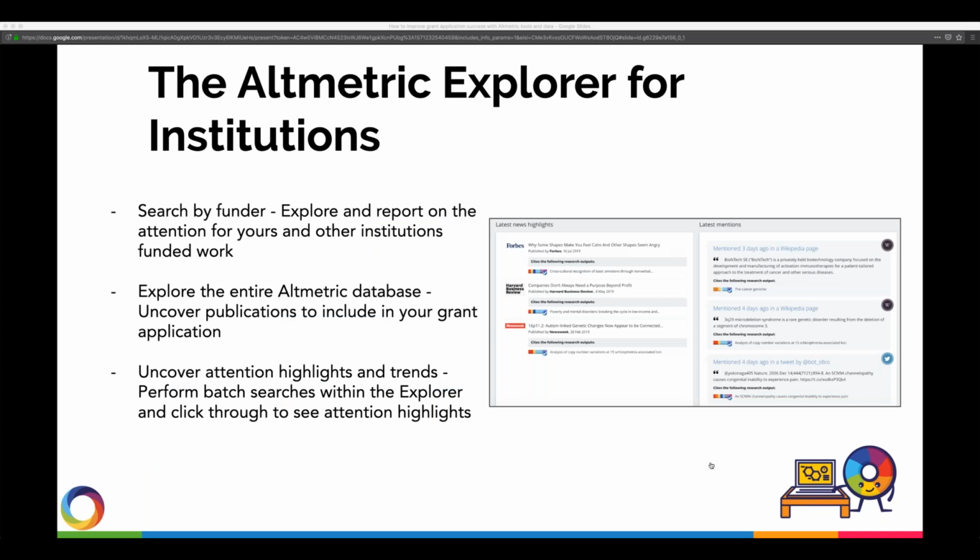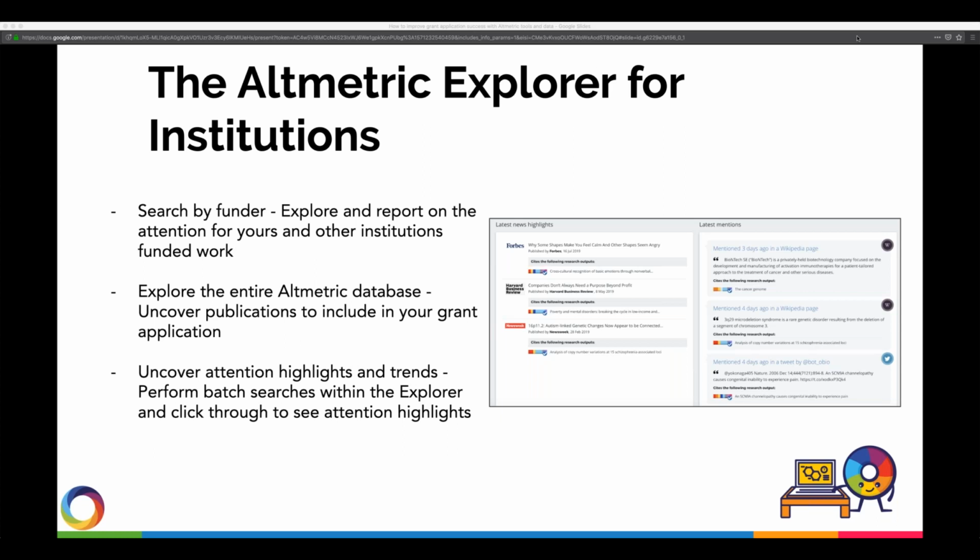The Explorer for Institutions provides the ability to search for specific funders to see the work that they're funding. This means that you can also see the online engagement that has been received for yours and other institutions' funded research, as well as searching for specific funders to see what projects they have funded.